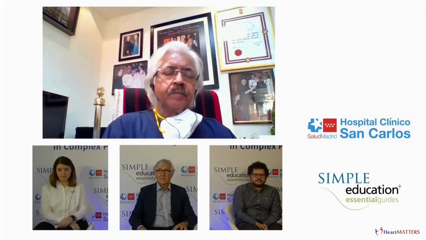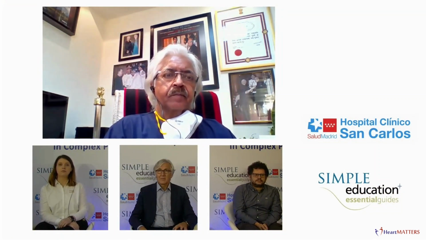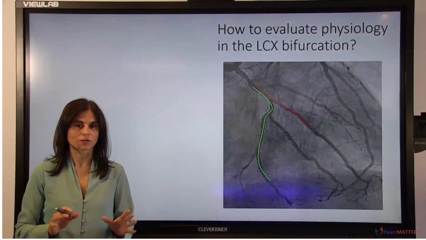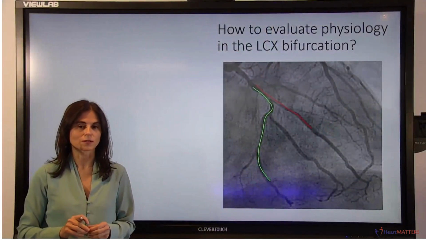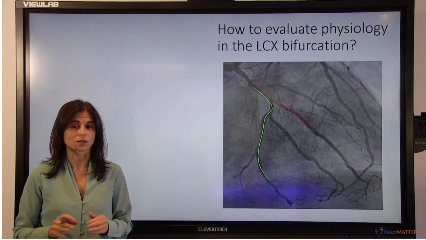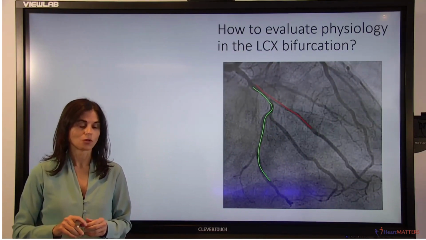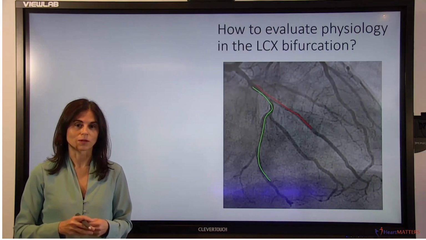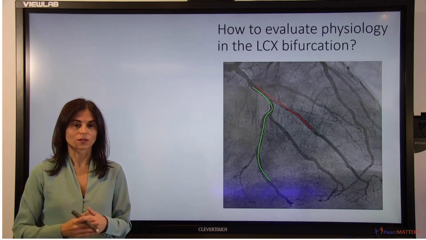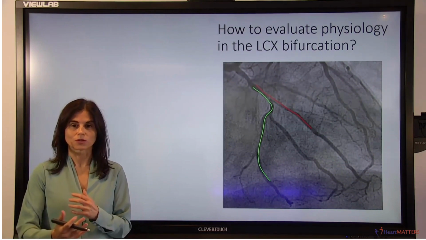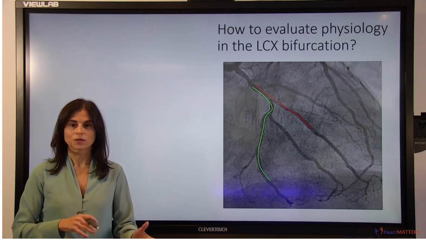What is better, or what is the ideal balance? I think this is a question that is still to be answered. This is one of the things probably for future studies. But our strategy in general is keeping with the iFR result. So Dr. Seth said that he would evaluate this second marginal and also the circumflex. So we can proceed maybe to see what we did here.